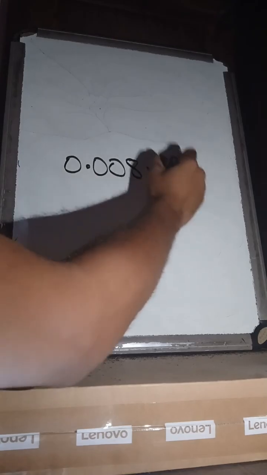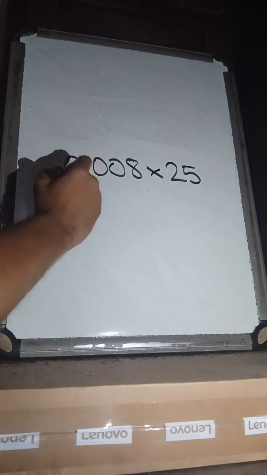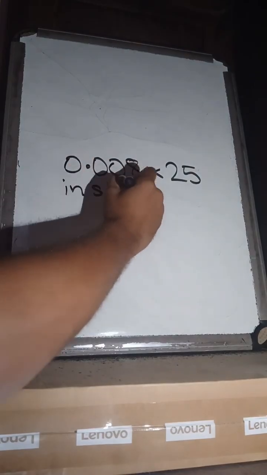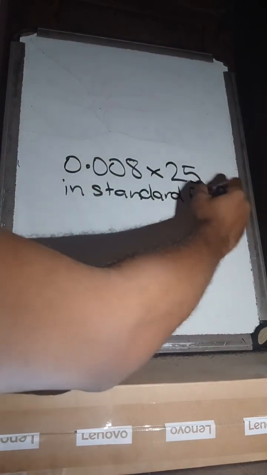So the question is, they say 0.008 times the number 25, and they want to know it in standard form or scientific notation, whatever they want to call it, right?